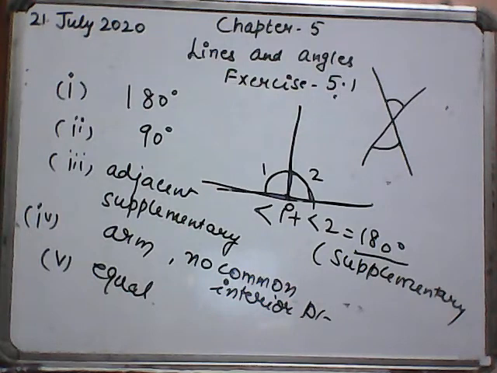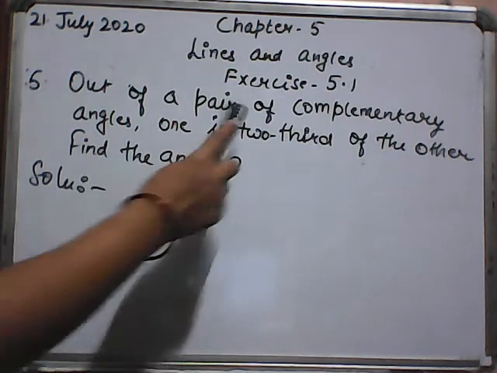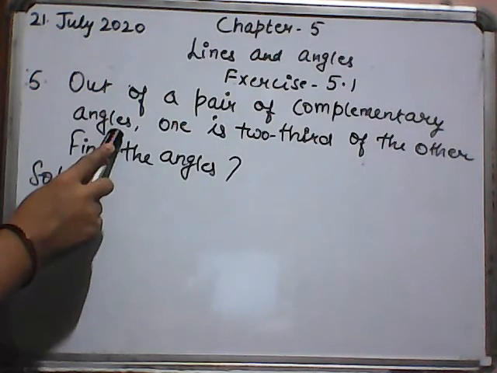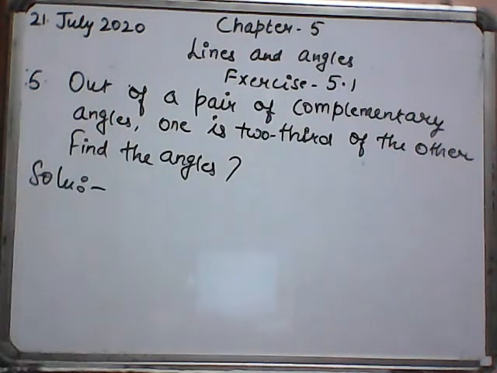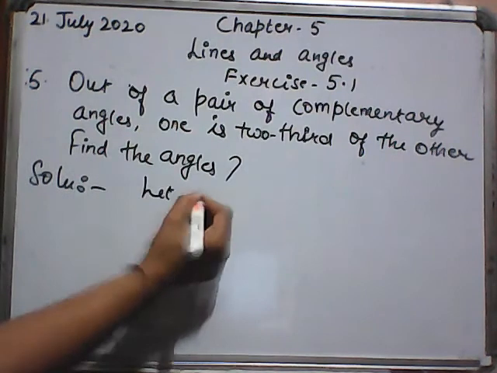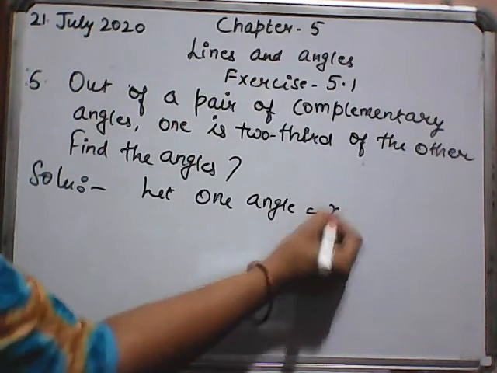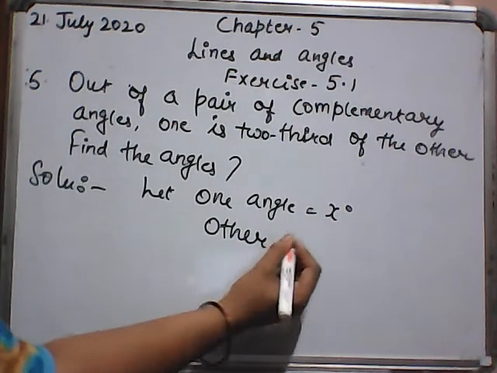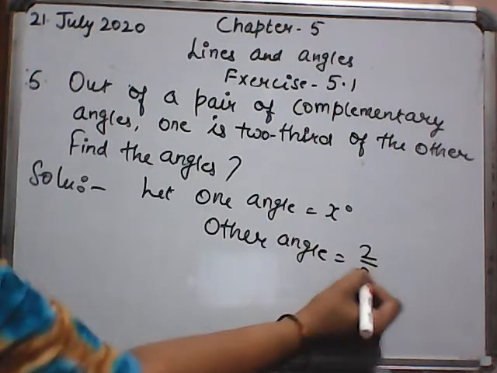Question number 5. Out of a pair of complementary angles, that means the sum of the two angles is 90 degree, one angle is 2/3 of the other angle. Let one angle be x degree, then the other angle is 2/3 of the one angle.